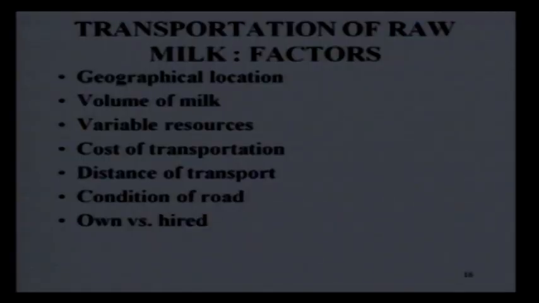So we have to ensure that the cost of transportation is less. Then the distance of transport should also be minimum. As we mentioned, distance influences the quality of the milk. We know the deadline that within 4 hours of production the milk should be chilled, so we have to take this distance into account.